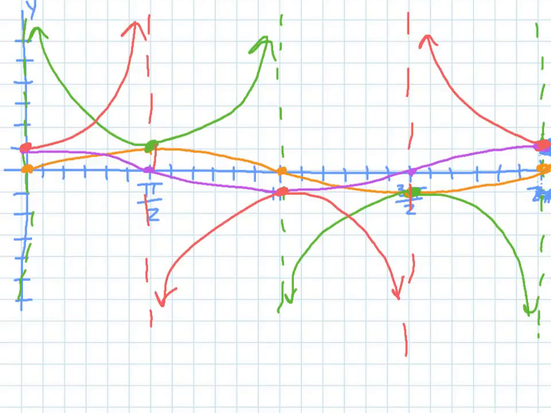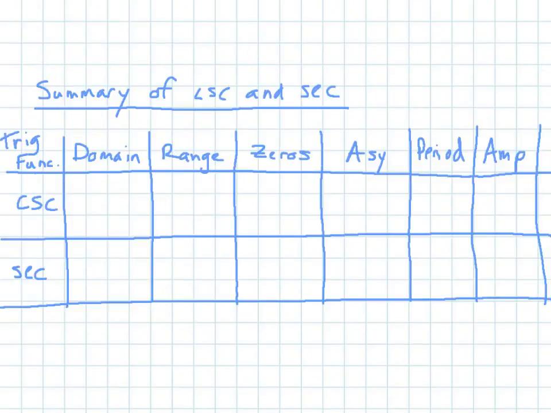Now let's do a summary here, because we did the same thing with the sine, cosine, tangent, and cotangent. So remember our domain. Now here our domain for cosecant will be all reals, kind of like tangent and cotangent, except where were our asymptotes at?